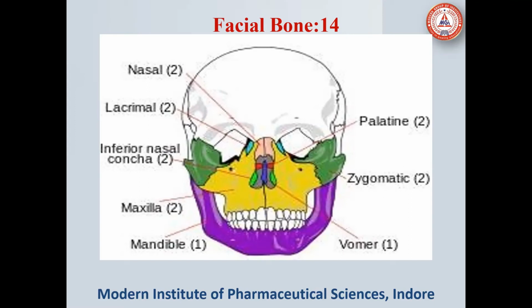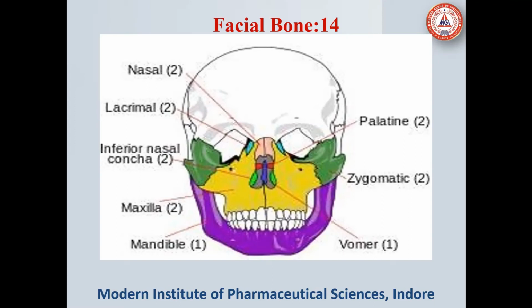These two small bones are posterior and lateral to the nasal bone and form part of the medial wall of the orbital cavities. Each is pierced by a foramen for the passage of the nasolacrimal duct that carries tears from the medial canthus of the eye to the nasal cavity.